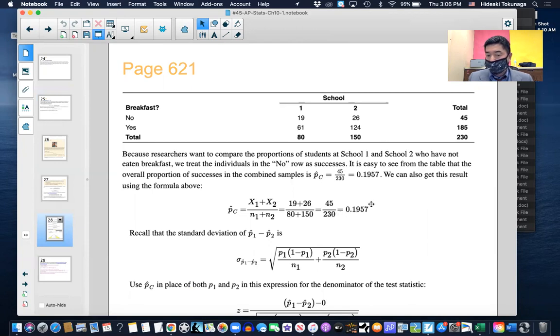It comes out to 0.1957, so we use this number for success for both schools.